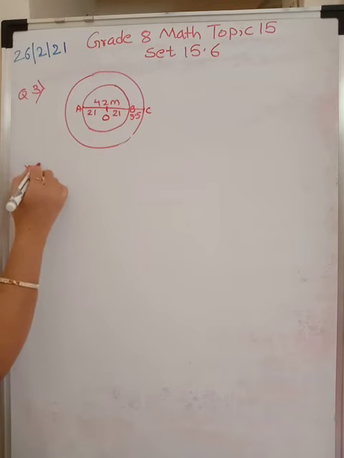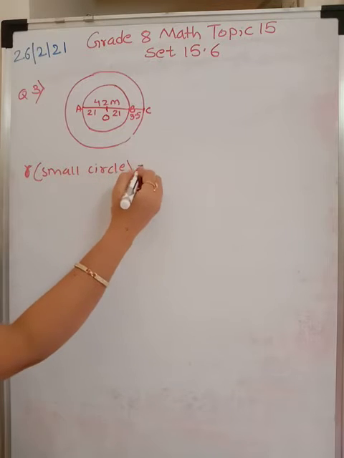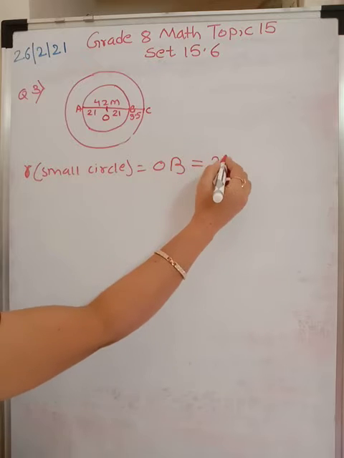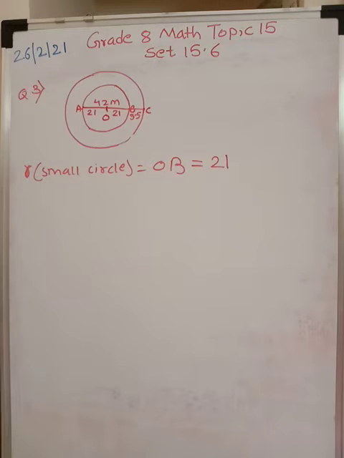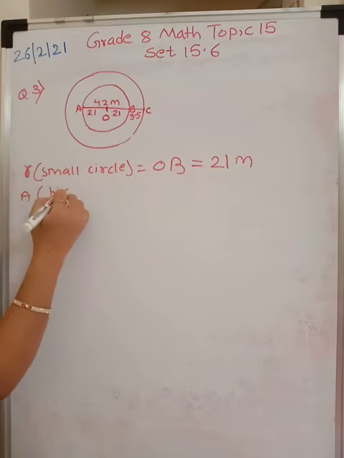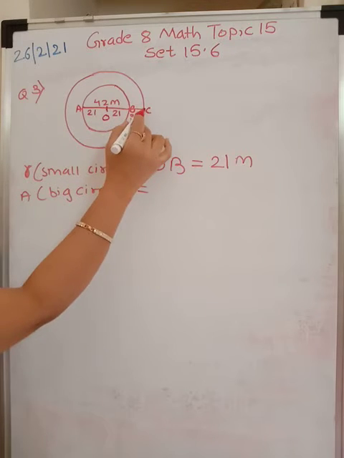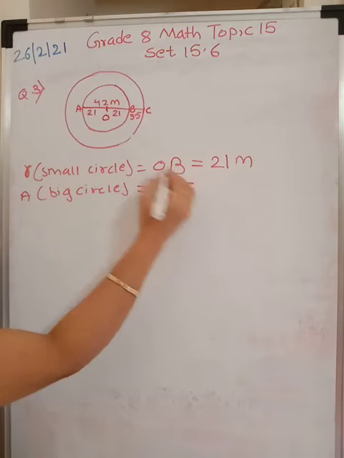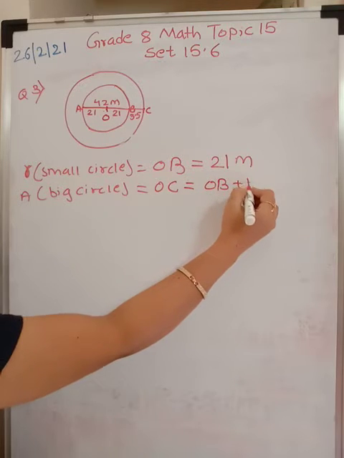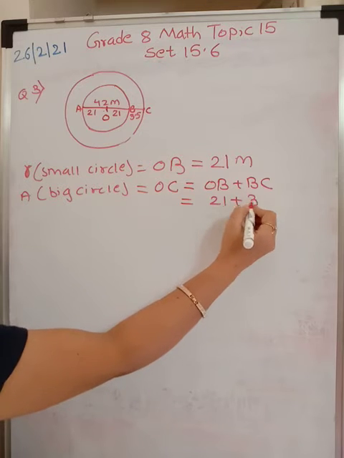Now see, the radius of the small circle is equal to OB, from O to B, which is equal to 21. Okay, let me check the unit. It is meters. Now the radius of the big circle would be from O to C, OC, which is equal to O to B plus B to C. So OB plus BC, which is equal to 21 plus 3.5.